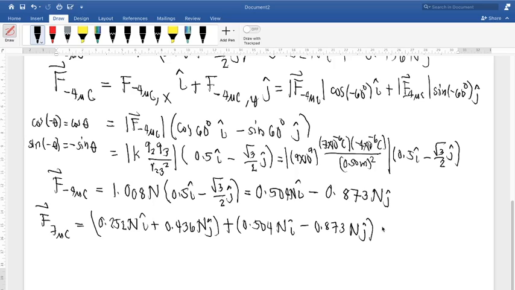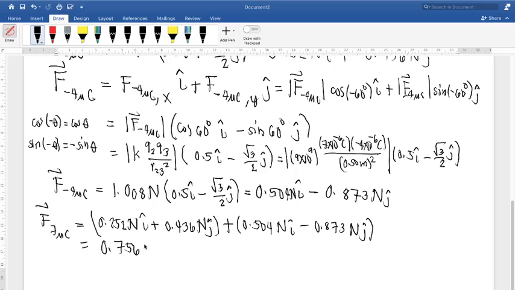Okay, so we have to combine like unit vectors. So 0.252 plus 0.504 is equal to 0.756.